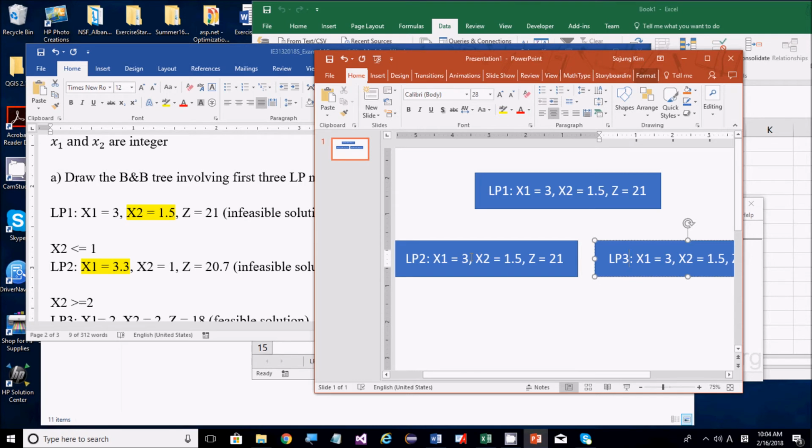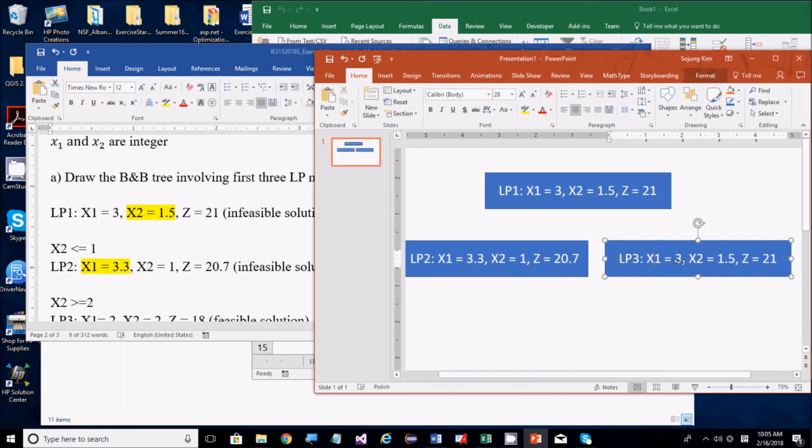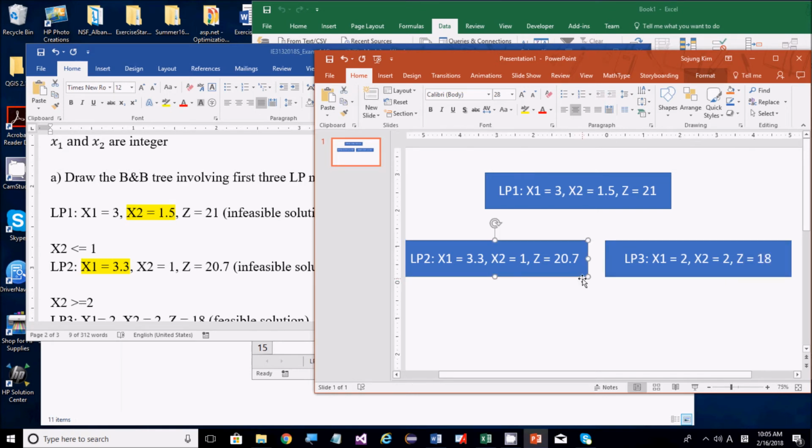We have different numbers, so you should type the solution of each LP model, so that you can develop the branch and bound tree. And this is 2, this was 2, 18.